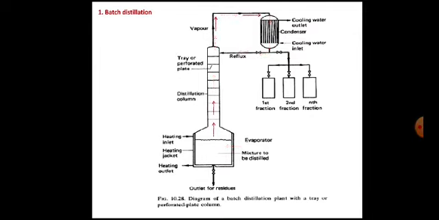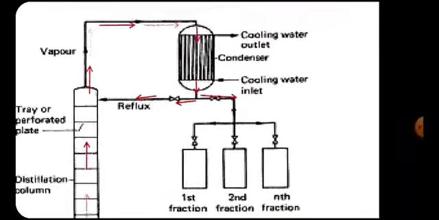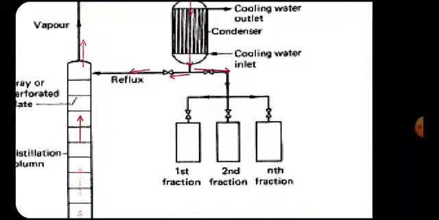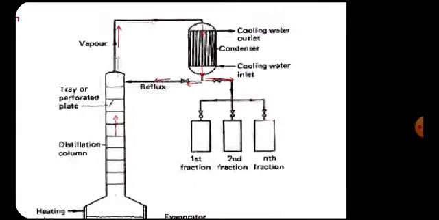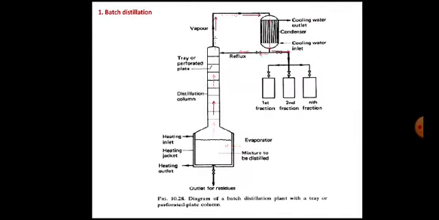Once the temperature is set, whatever vapors arise from the evaporator will enter into the distillation column. These vapors will further enter into the condenser, and from the condenser the condensates can now be collected into different fractions.